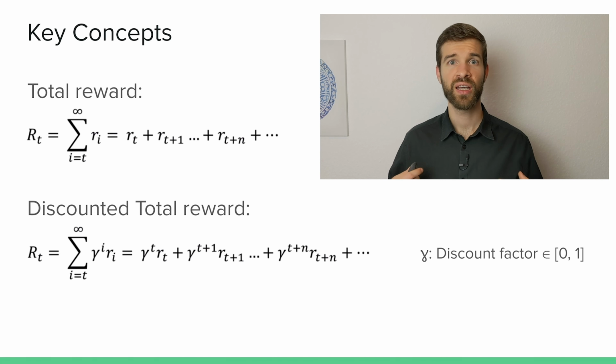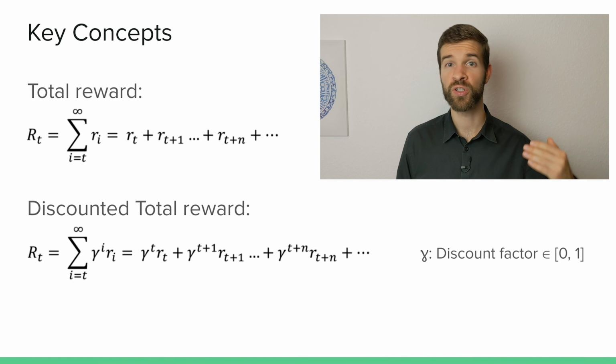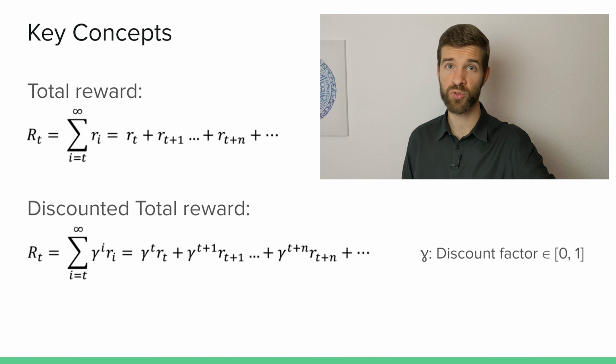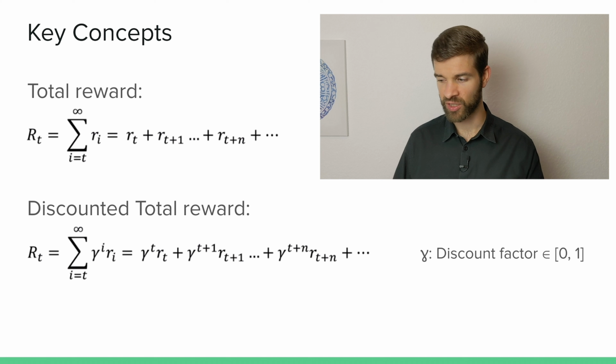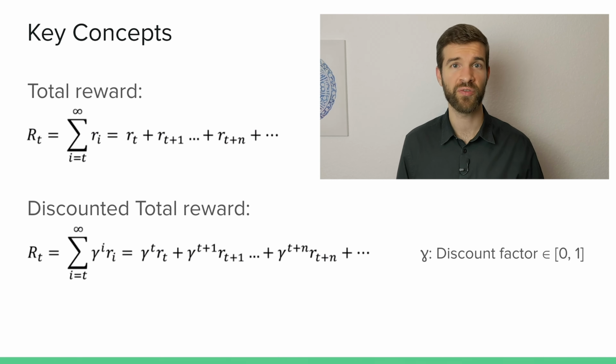So whenever we get an immediate reward, we have a higher discounted reward, as opposed to rewards that we're seeing far into the future. And depending on this discount factor, we can adjust how much we want to be gratified for things that happen in the future or immediate rewards.